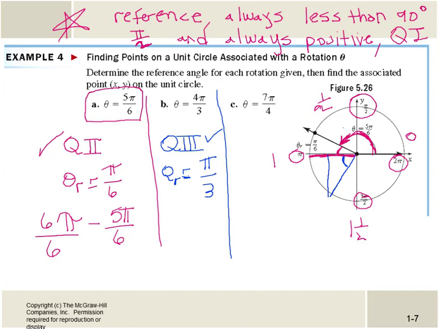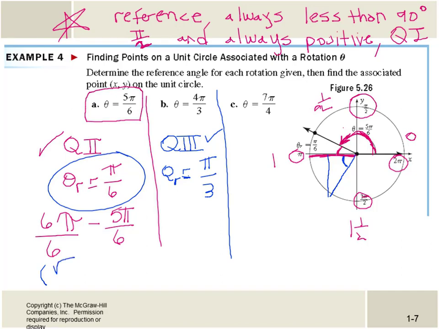Now, we didn't determine the point on the unit circle, I'm sorry. So for reference angle pi over 6, what's our point? Remember, is the x value bigger than the y or the y value bigger than the x? X is bigger than y. Exactly.